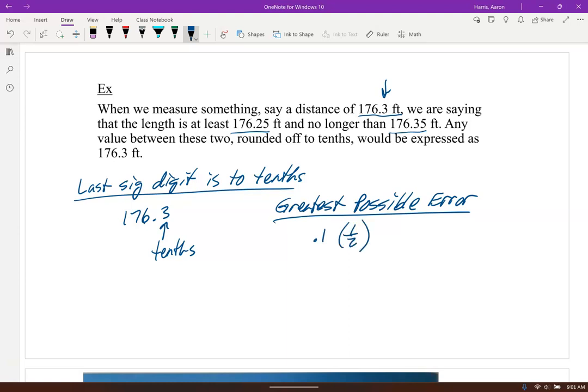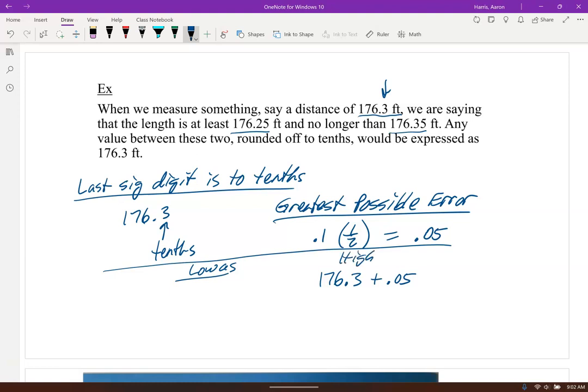So 1/2 times 0.1, you go ahead and you punch that in, you get 0.05. So you could be 176.3 plus 0.05, or as far off as 176.3 minus 0.05. Well, 176.3 minus 0.05 gives us 176.25, and that gives us 176.35.